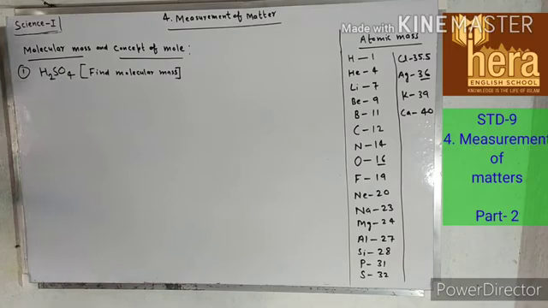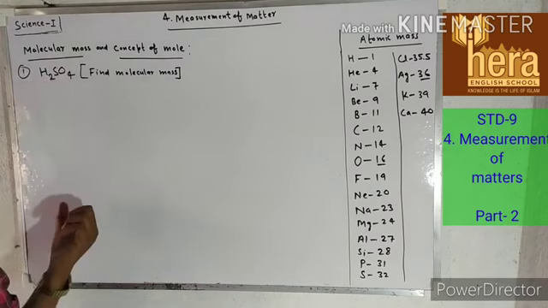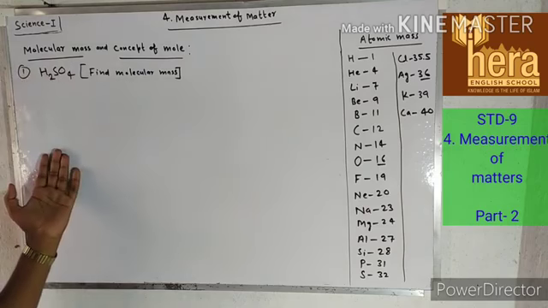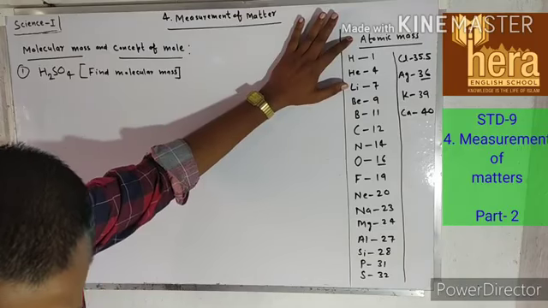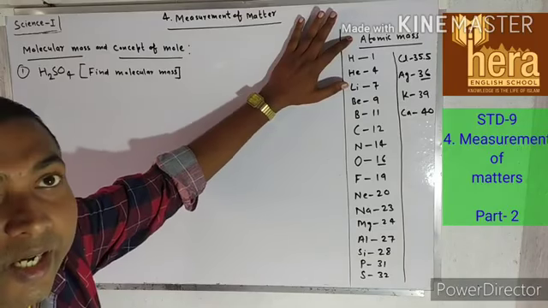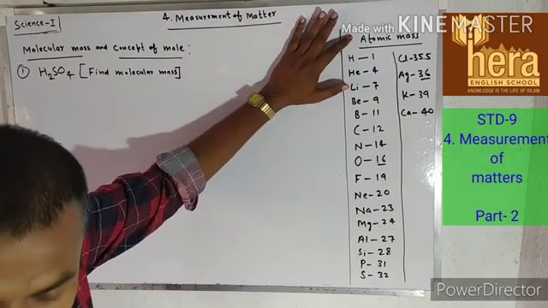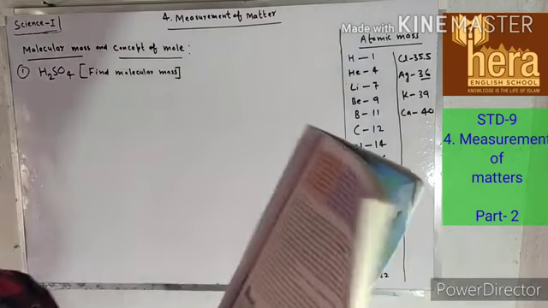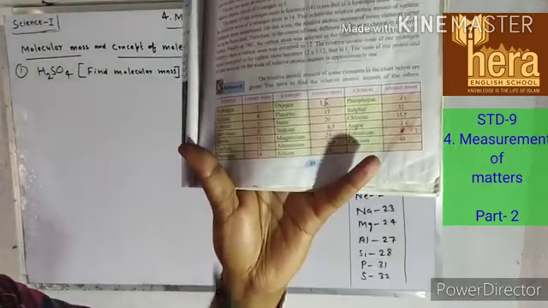So for molecular mass, you have to find the individual atomic mass of all the atoms. Individual atomic mass is given on page number 49 in your textbook. This one, page number 49.